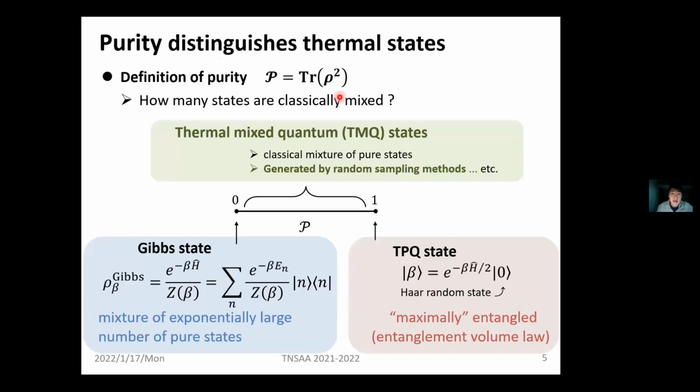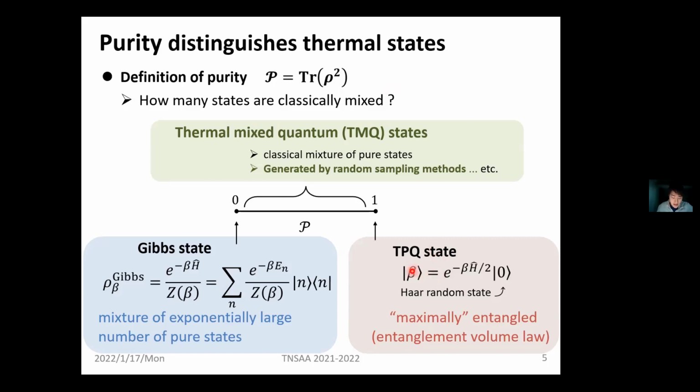Purity is defined as the trace of rho squared, where rho is a density matrix, which is well known in the context of quantum information. Purity is nearly equal to 1 when the state is close to a pure state, and nearly equal to 0 when the state is constructed as a classical mixture of many pure states.